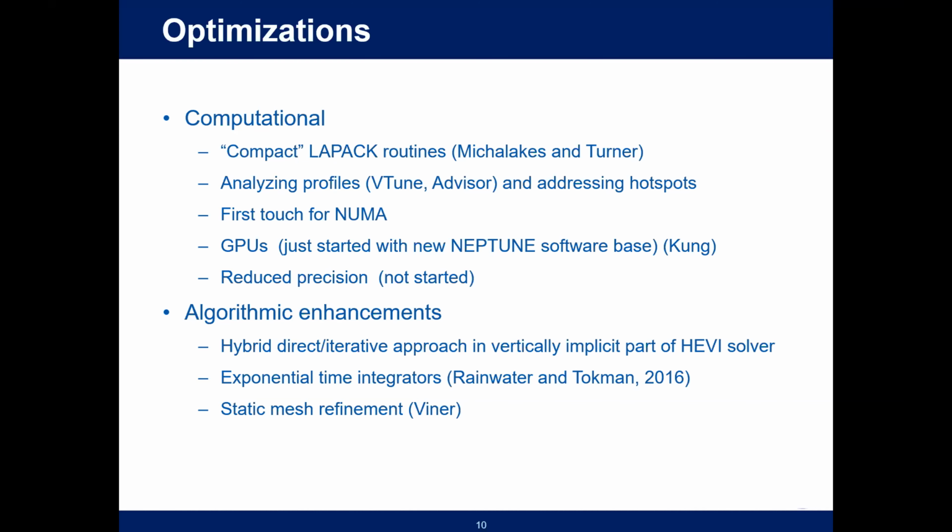One of those would be to come up with a hybrid direct or iterative, combination direct-iterative approach to the vertically implicit part of the solver. The current option right now, we can either run a direct solver or we can run iterative, and each has advantages. The direct takes longer, but there's one iteration, or there's no iterations.